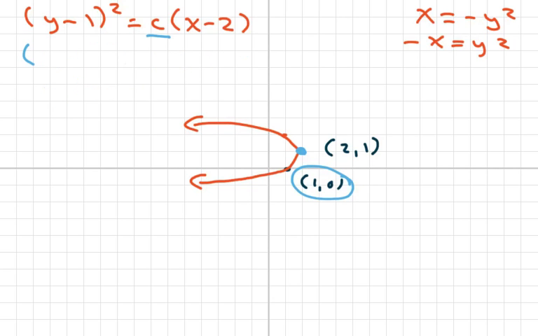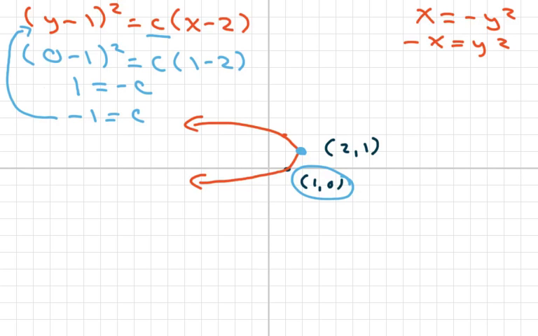So we get, my y is 0, so we get 0 minus 1 squared equals c, and my x is 1 minus 2. So negative 1 squared is just 1 equals negative c. So c is negative 1. And I plug that back in for my c here. And so my equation is going to be y minus 1 squared equals negative 1 times x minus 2.